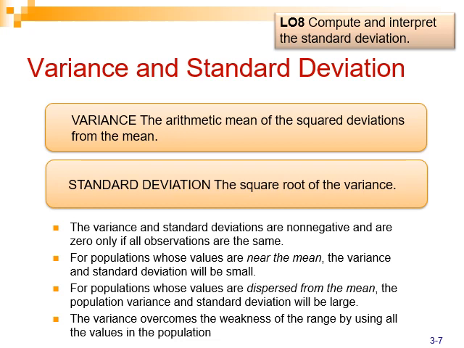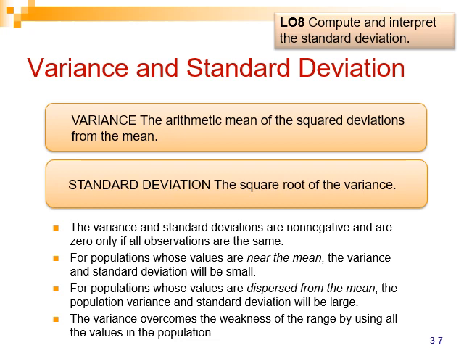Of course, if the observations are the same, the deviations are all zero. For populations whose values are near the mean, the variance and standard deviation will be small, because the dispersion is small and all the values are near the mean. This is for homogeneous data that is all around the mean.